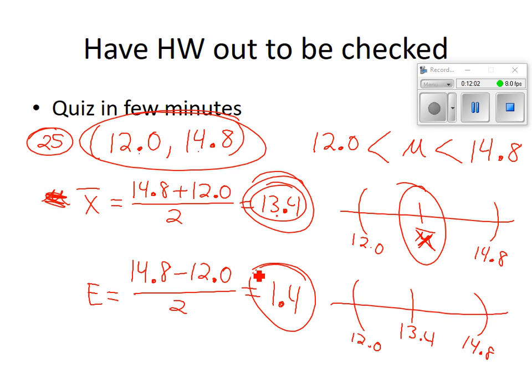Other questions? That 1.4? Yeah. What's the formula where it's like Z sub C and then the standard deviation over E, and then squared?